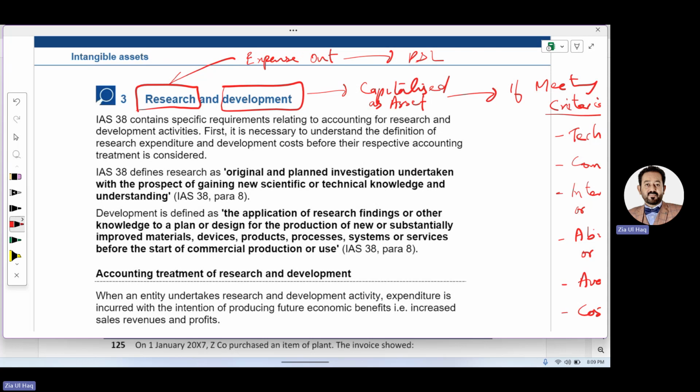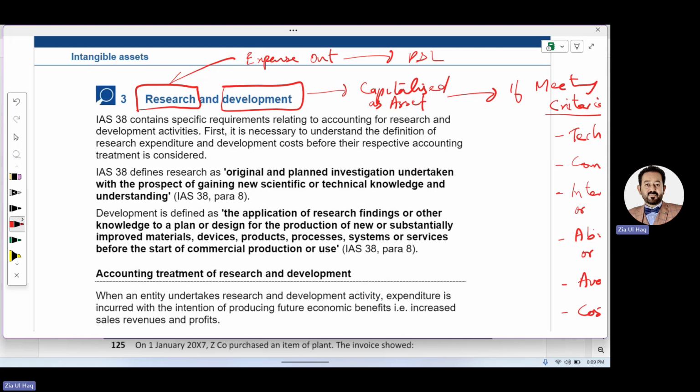But if through those experiments and consultation, we have defined a formula through which we can develop a vaccine, that formula will be called development cost, because now we are able to produce a product. If we have performed investigation but were not able to produce any product, this means we have spent the time and the cost. So all those costs will be called research costs. They must be expensed out.